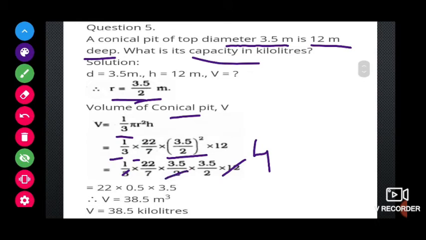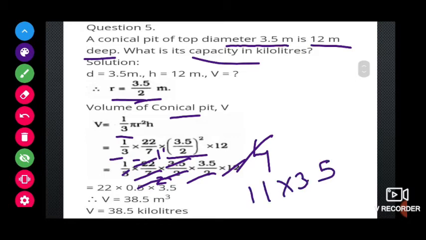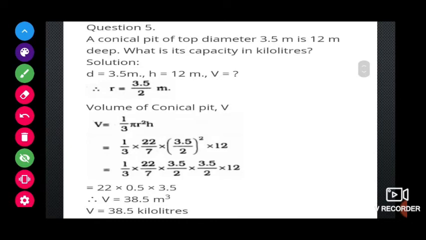Now remaining here 1, 2, 2, and here 4. And 3.5 ones, 3.5 twos. 2 ones are 2, 2 elevens are 22. So remaining is 11 into 3.5. If we multiply, we will get 38.5 meter cube. Now V is equal to 38.5 kiloliters.